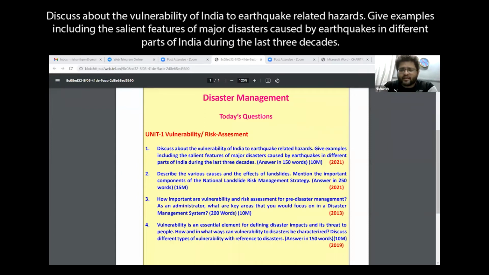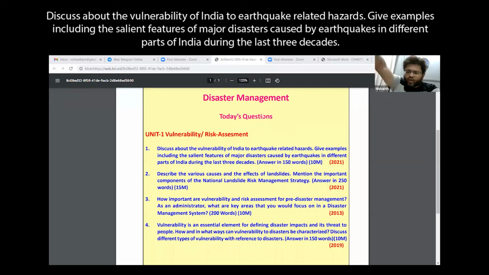In vulnerability, how you will answer is, you will answer through the India map. There are various zones of vulnerability: zone 2, 3, 4, 5. Zone 5 is the highest and zone 2 is the lowest risk.